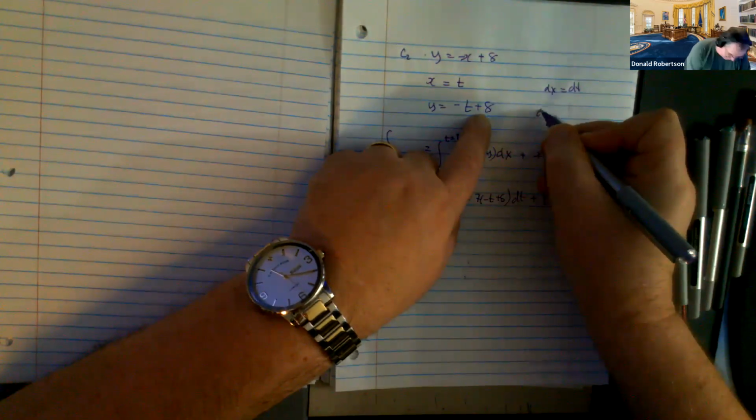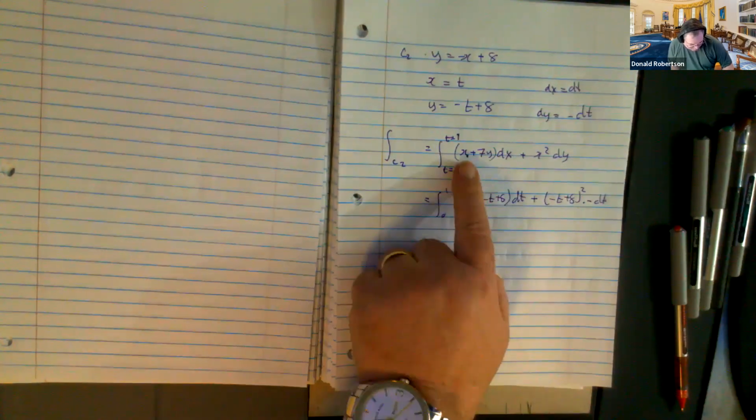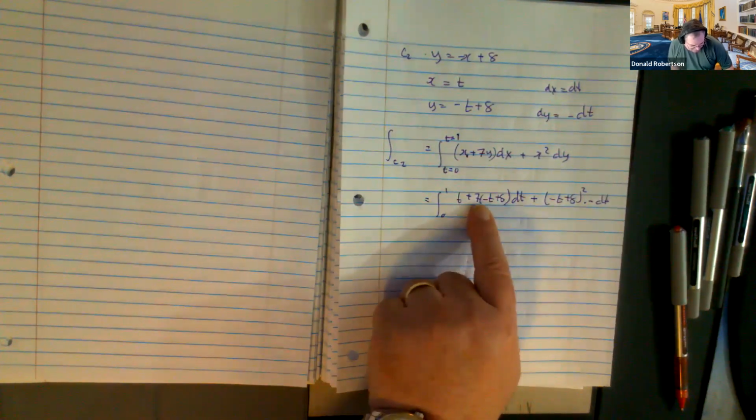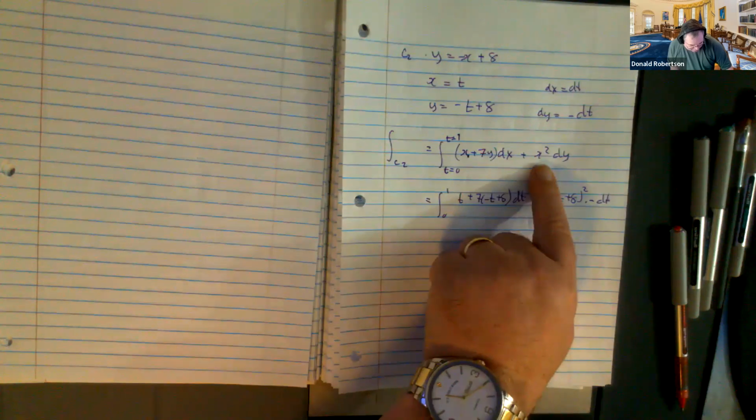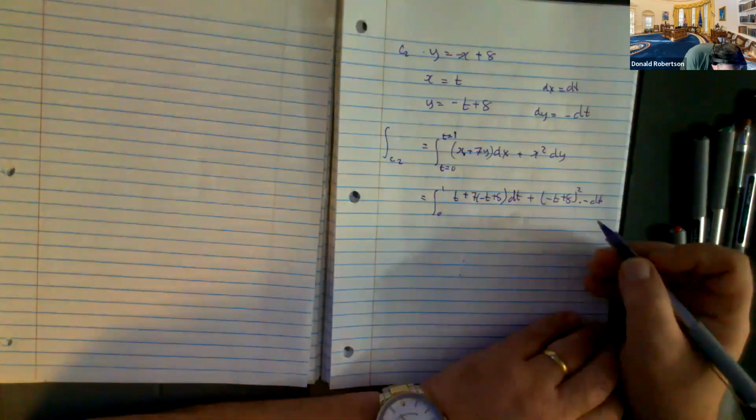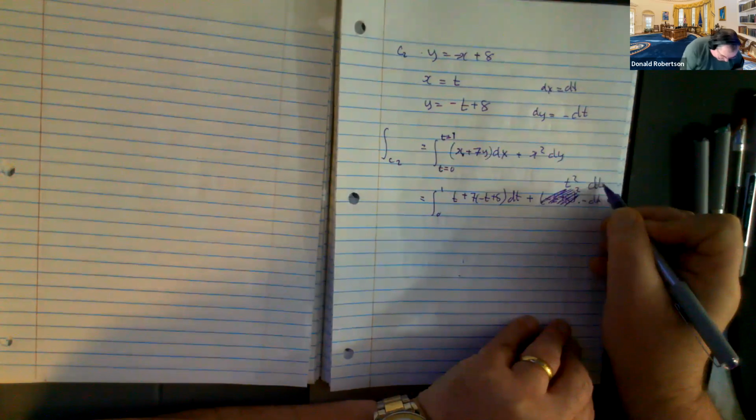How does that look? Let's pause for a minute. x, that guy. 7y, 7 of that guy. dx is dt, that guy. Plus x squared, negative dt.